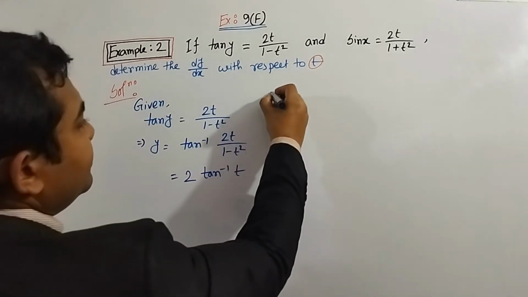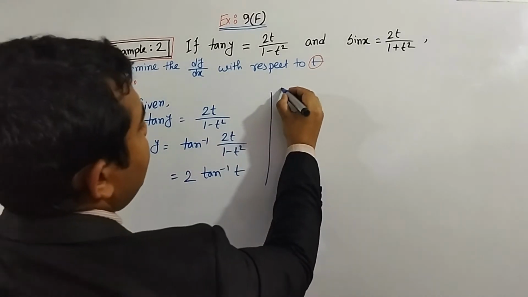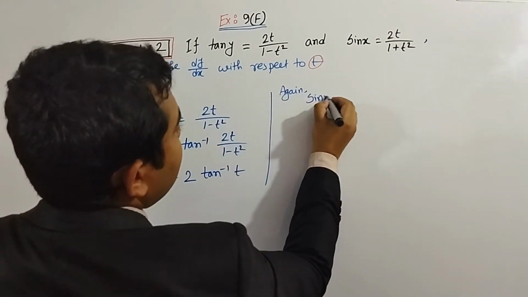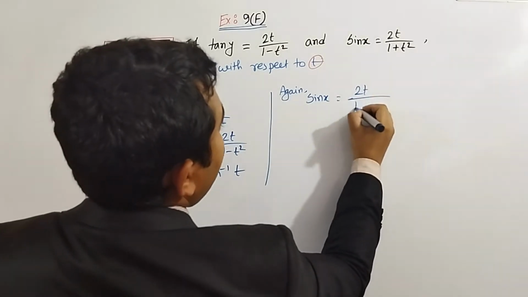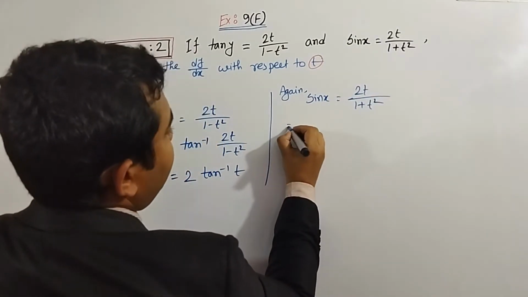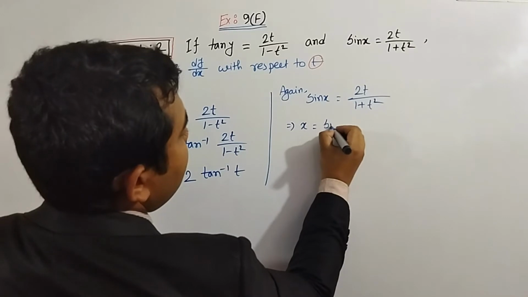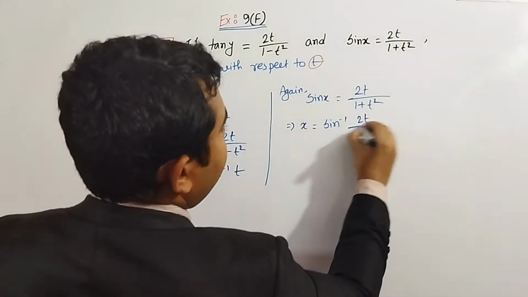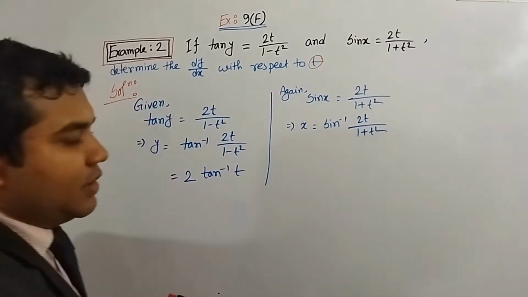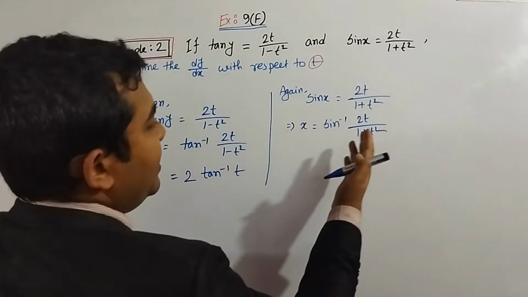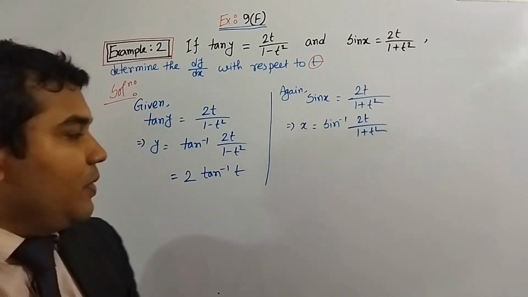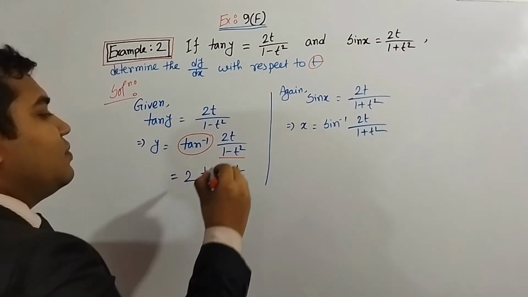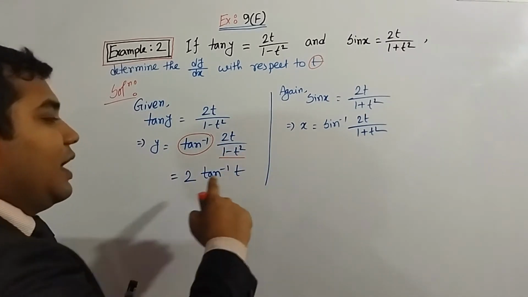Again, we are given sin x equals 2t divided by 1 plus t squared, and x should be sin inverse of 2t divided by 1 plus t squared. My dear students, I have already told you, when it was tan inverse with 1 minus t squared, we get 2 tan inverse t.